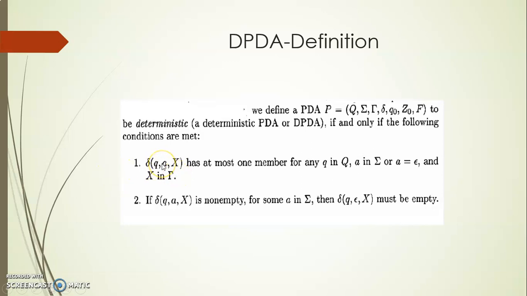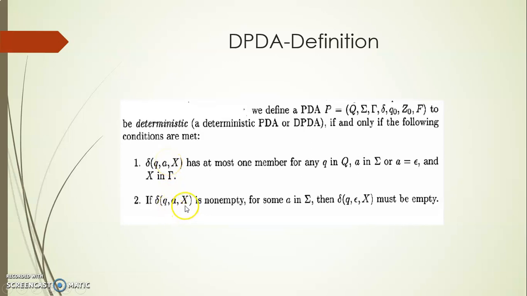Normally in a push-down automaton, we have two components: one is the input and another one is the stack symbol. I make a transition either by scanning an input symbol or without scanning an input symbol, keeping track of only the stack symbol. There non-determinism comes in. In deterministic push-down automaton, I should not have such a dilemma. So I should have only one transition, either for A or for epsilon.